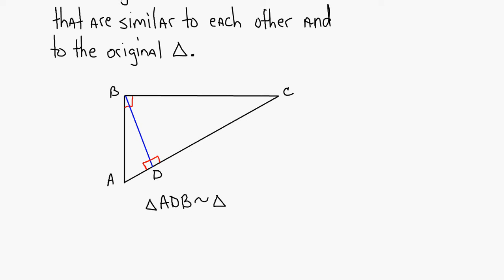So that's going to be triangle BDC, which is similar to triangle ABC: short side, long side, hypotenuse. Does everybody see that? Any questions?